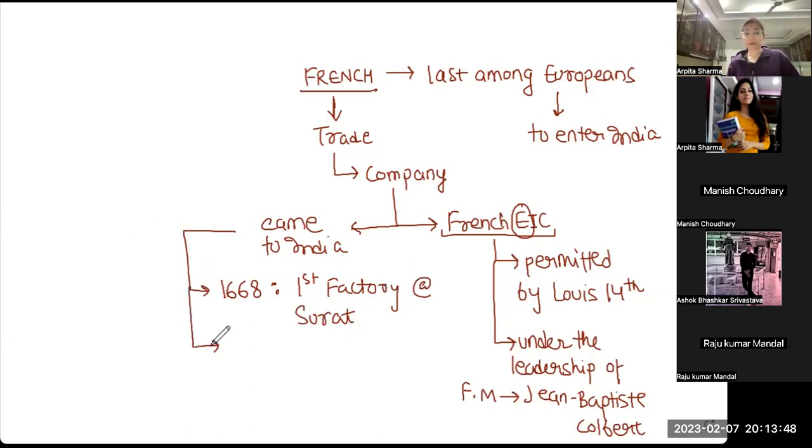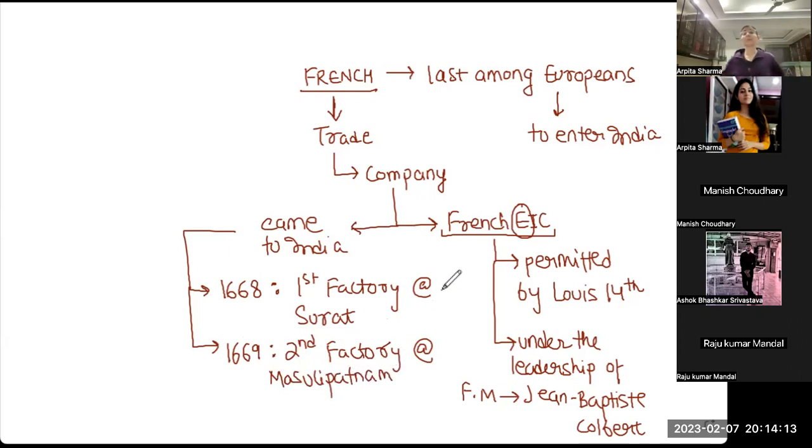When the first factory was created, the trade started, and they started earning profits. So the very next year, in 1669, they established a second factory. Now, earning revenue was not the only motive. The main motive was they saw that other European nations were already earning huge revenues from India.